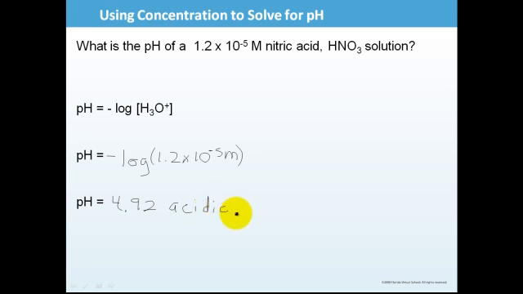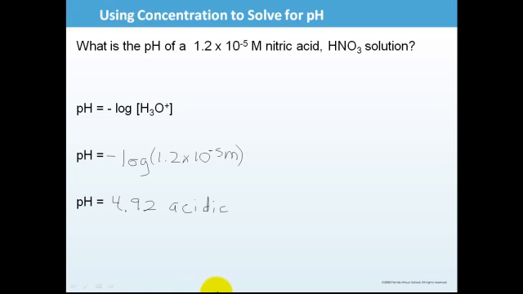All right, so just doing a quick self-check, in the problem it says we have nitric acid, and we end up with a pH in the acid range, so that means that we're probably correct as far as our final answer. Now, one note here, on the scale, remember we said that anything less than 7 is acidic.